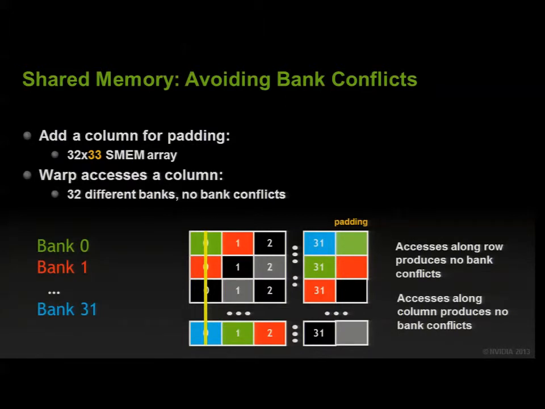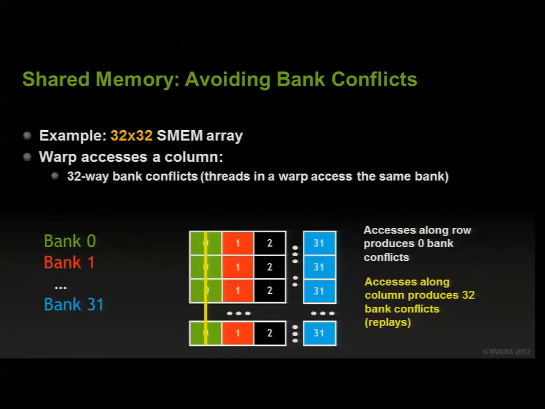But the benefit is that in this particular case, where you access across the column and everybody hits the same memory bank, the hardware has to issue first an instruction for thread number 1, then an instruction for thread number 2, for thread number 3. It is always a separate memory fetch. And that just takes a lot of time. And so removing this can speed you up quite a bit.